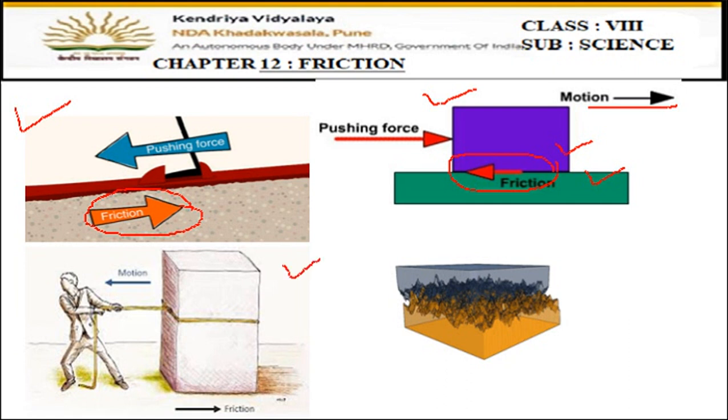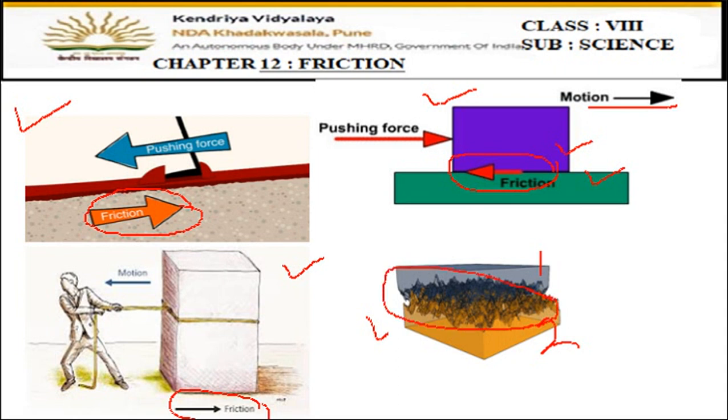Now in the third image you can see that a person is pulling the box towards himself, so the motion of the box will be towards the person, and you can see that the friction is towards the right side, opposite to the direction of the applied force. Here you can see that this is surface number 1 and this is surface number 2. The two surfaces in contact get blocked with each other.